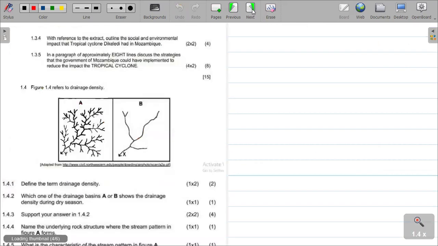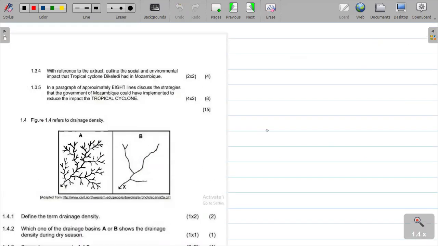The next question is saying, with reference to the extract, outline the social and environmental impact that the tropical cyclone had in Mozambique. We are saying the impact that the tropical cyclone had in Mozambique. We talk about social impact. We can classify them.